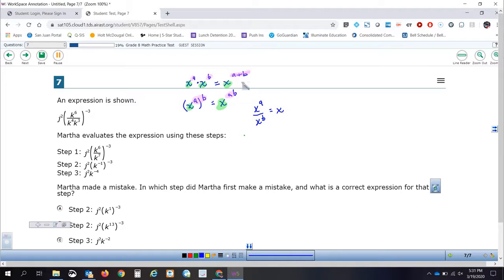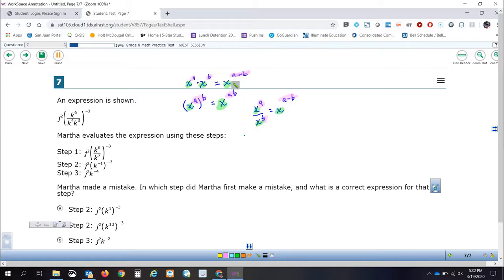If we add in a multiplication problem, and multiplication and division are opposite, guess what we do in a division problem? That's right, we subtract. So x to the a divided by x to the b is x to the a minus b. All right, so those are the rules we need to know.